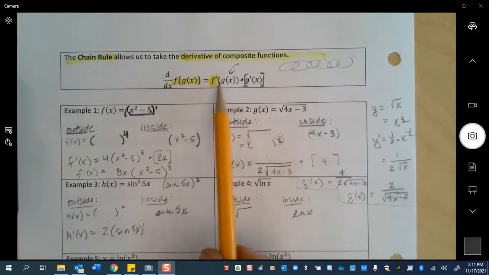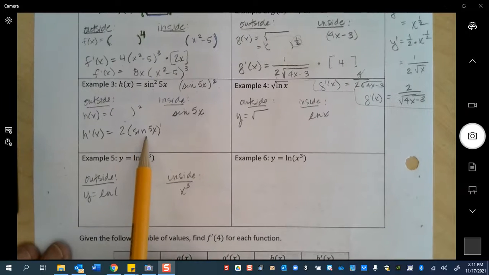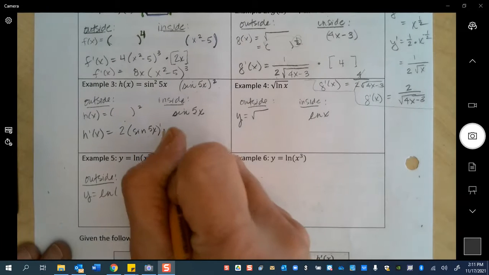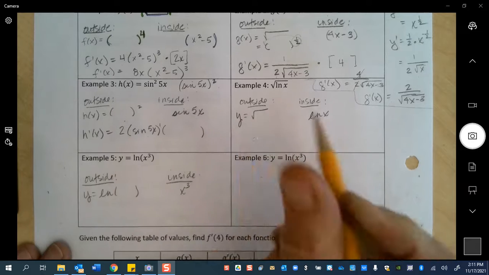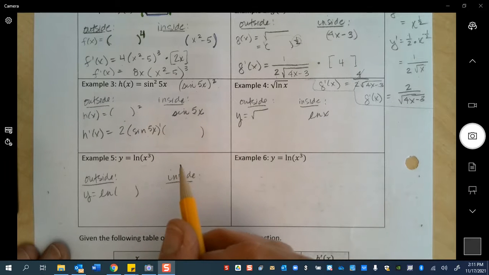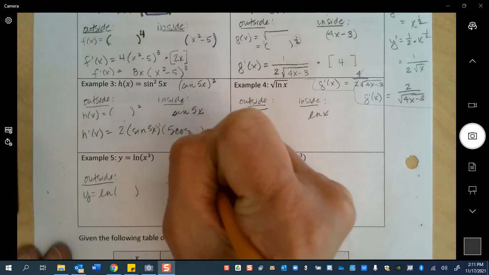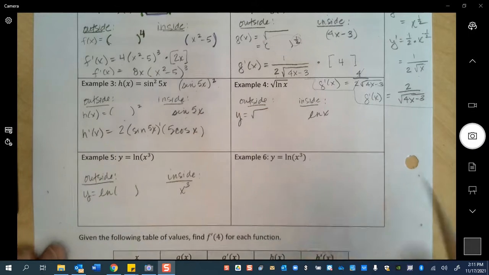So when I talk about finding the derivative of and then writing my second function, here's my inside value. And then I'm going to multiply it by the derivative of this, which is, so think about sine, cosine, and it's going to be 5 cosine of x.